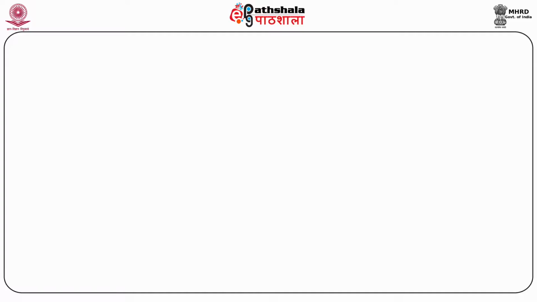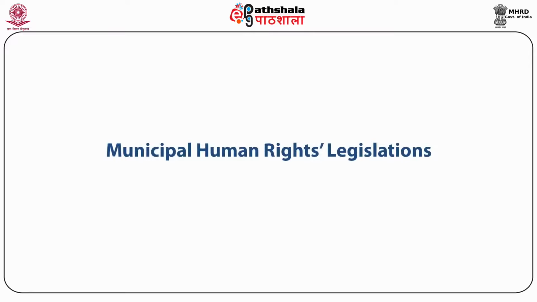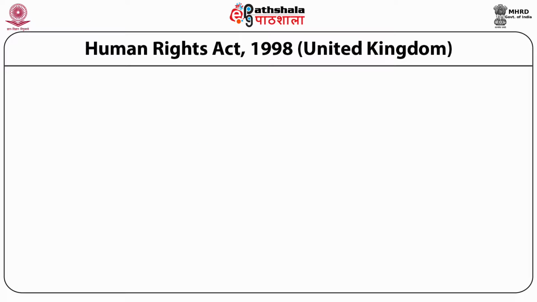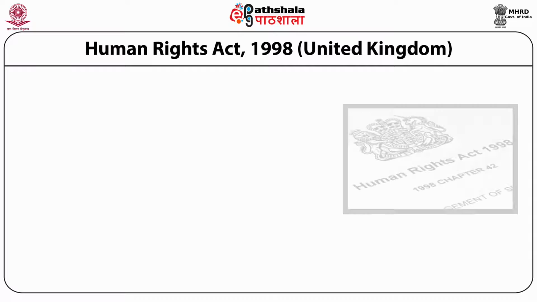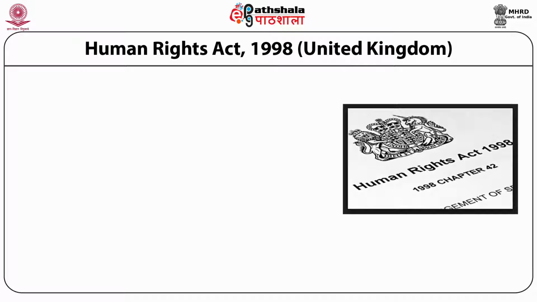Now let's quickly come to some of the municipal human rights legislations in individual countries. Another landmark act is the Human Rights Act 1998 passed in the United Kingdom. As some of you might be aware, the United Kingdom has an unwritten constitution and therefore has no enumeration of human rights.